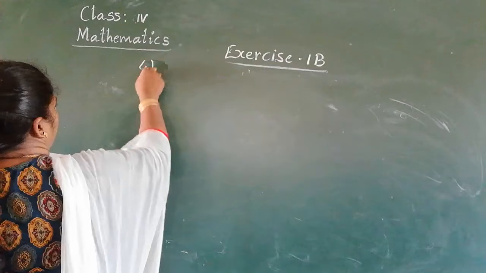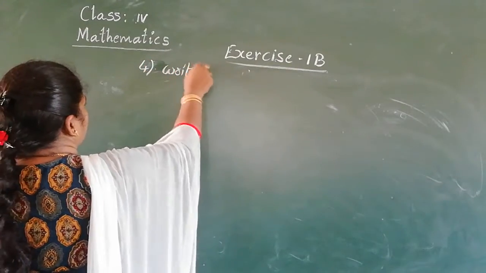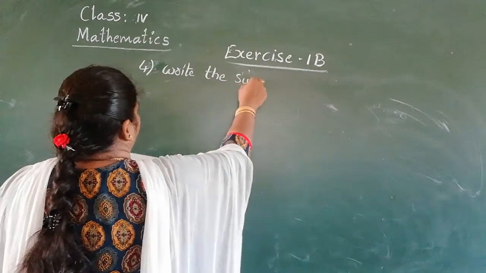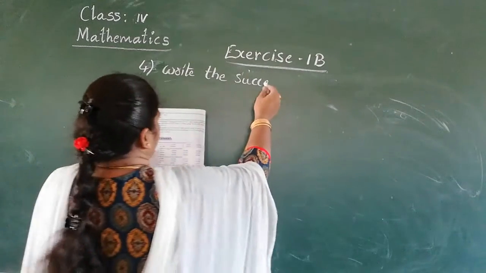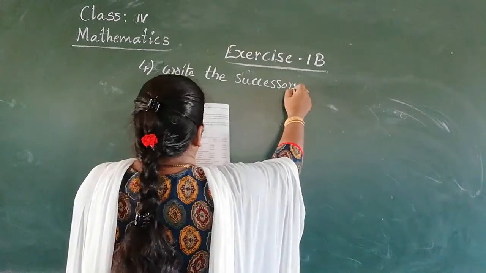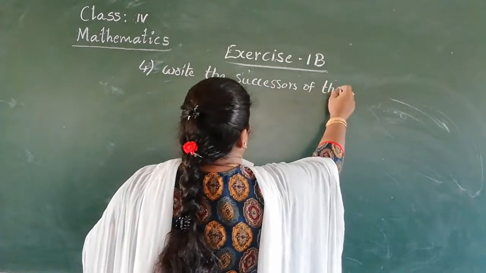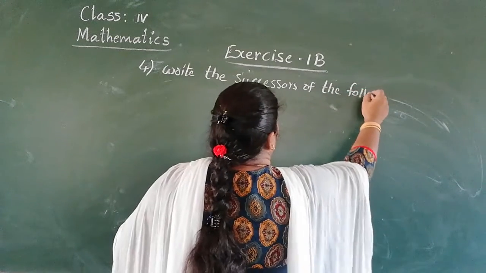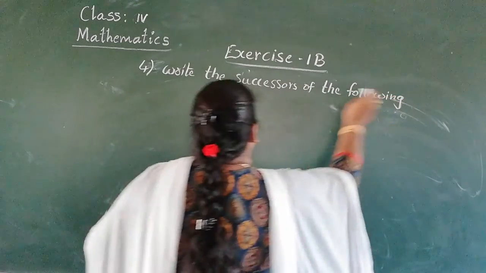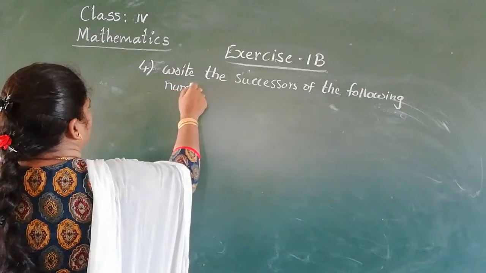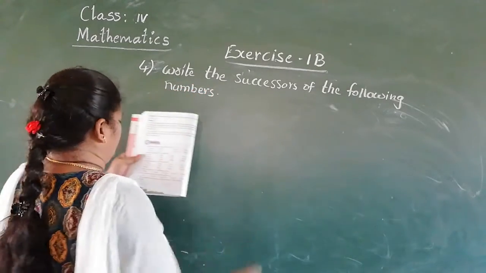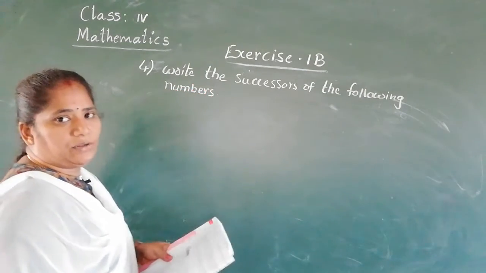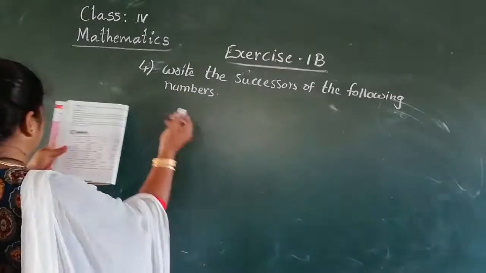Yes, note down children, write the successor of the following numbers. So how do we get the successor? Yes, by adding 1 to the given number, we can get the successor.